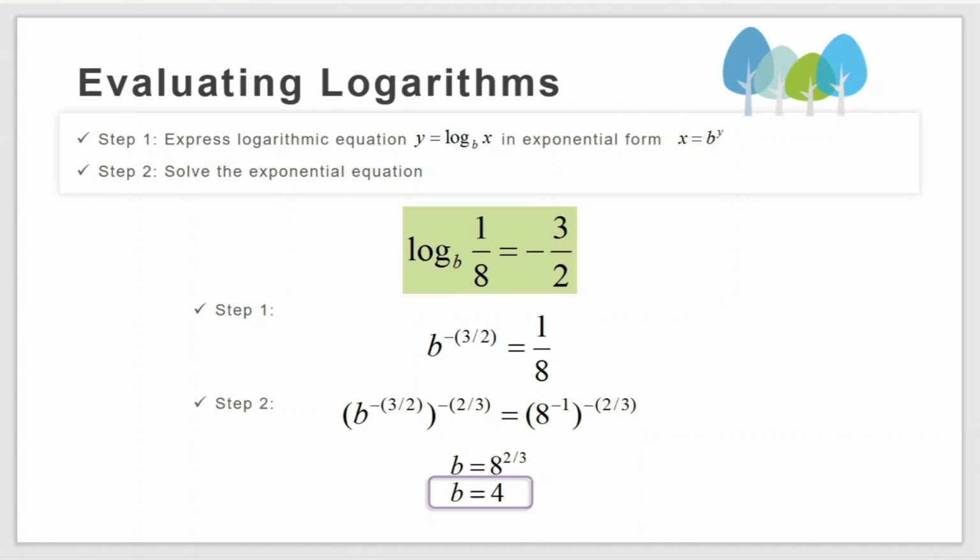Negative 3 over 2 equals the logarithm of 1/8 to the base B. So, anong value ay pag ni-raise natin sa negative 3 over 2, ang makukuha nating sagot ay 1 over 8. Okay. So, step 1, express in exponential form.